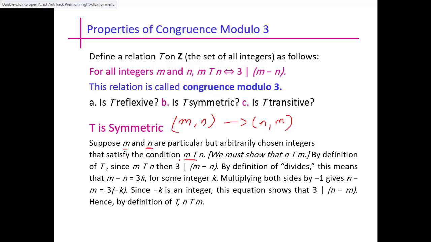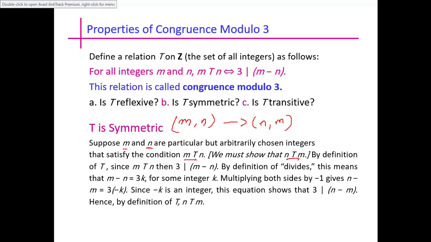We choose two arbitrary integers, and these integers satisfy the given condition and are related to each other. So we must show that n is also related to m.